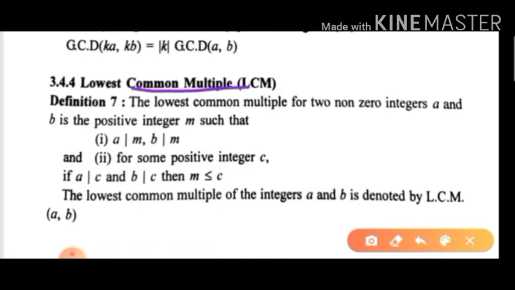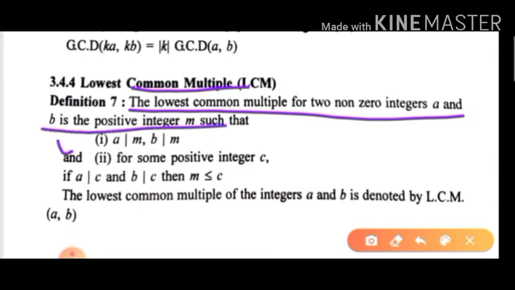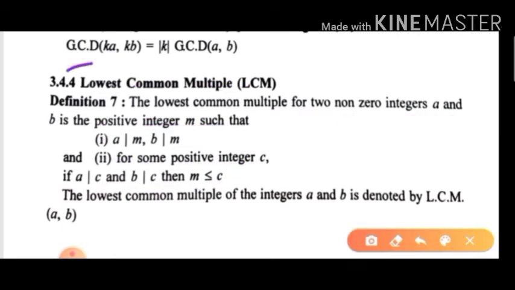Then what is LCM? LCM of any two integers a and b is that positive integer m such that a divides m and b divides m, and for any other common multiple c, m is always less than or equal to c. From the word itself you can see it is the lowest.